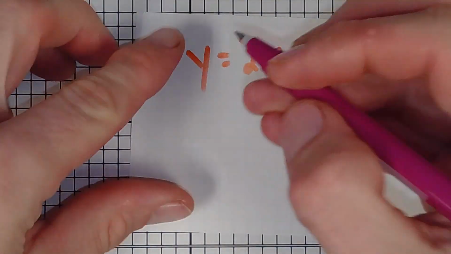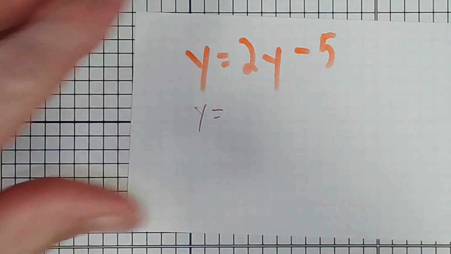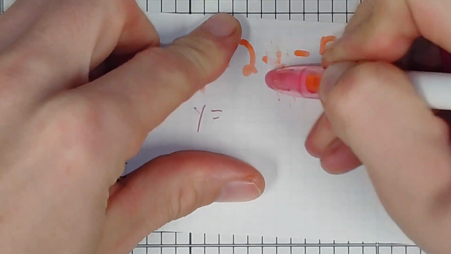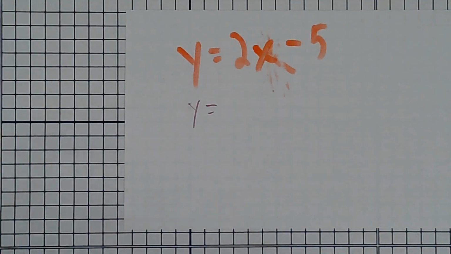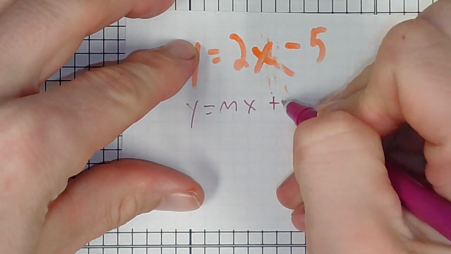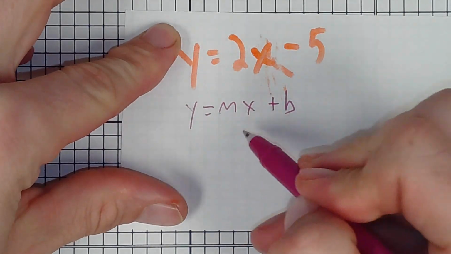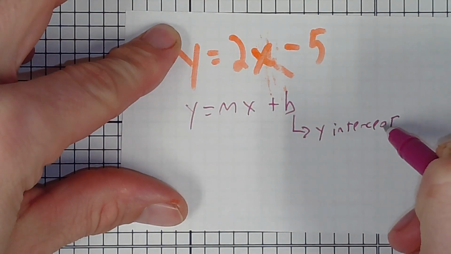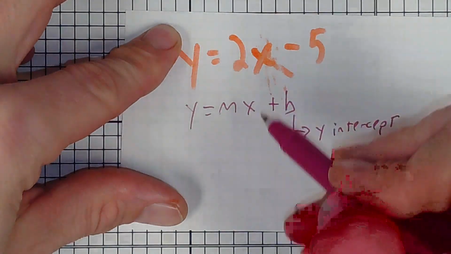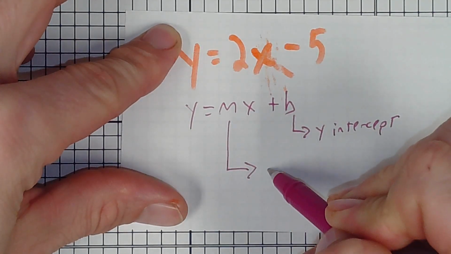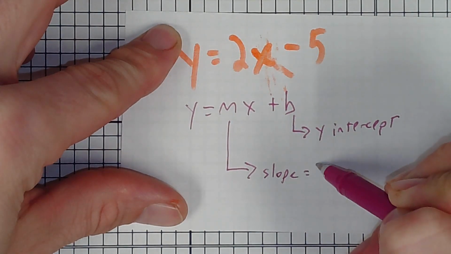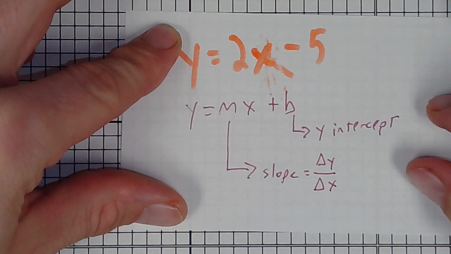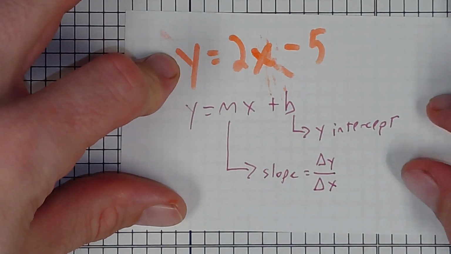Remember, the general equation is y equals mx plus b, where y is our y value, x is our x value, b is our y-intercept, so where our line crosses the y-axis, and m is our slope, also our change in y divided by our change in x.